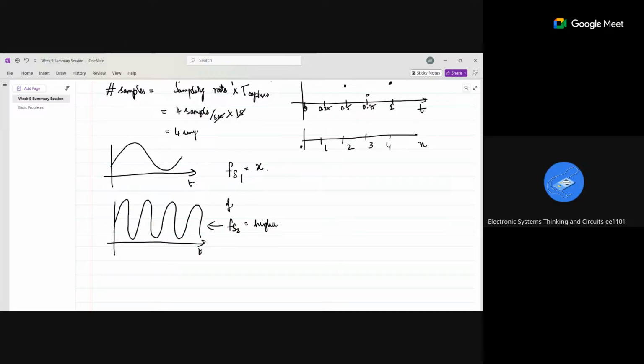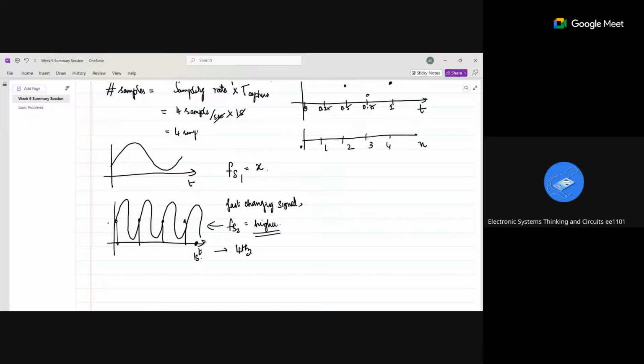If a signal is a fast changing signal, you should choose a sampling frequency which is higher, because if it is the same waveform over 1 second and I'm choosing the same 4 hertz, I'll be getting this point, this point, this point, and this point, right?